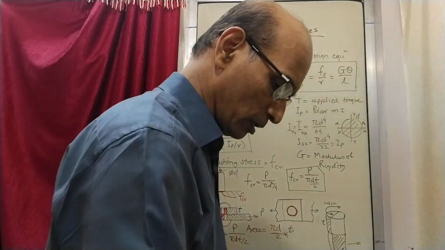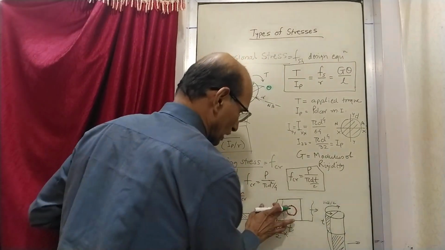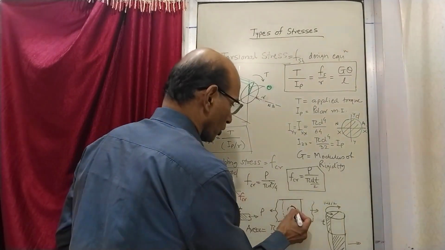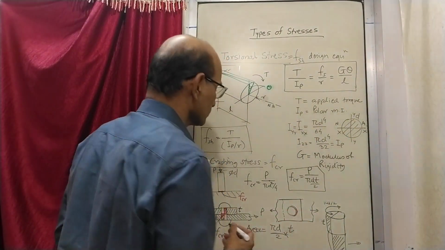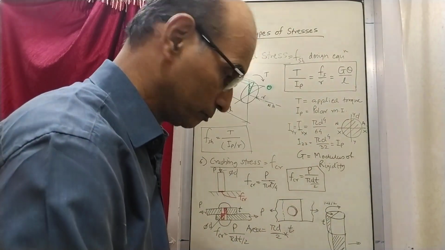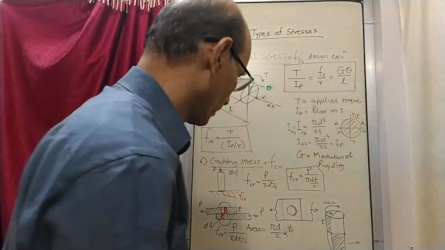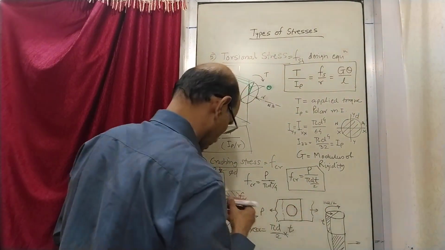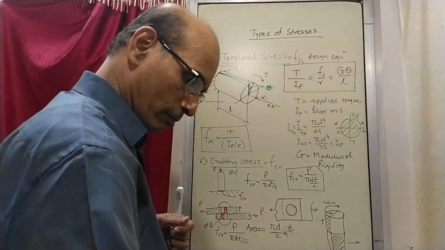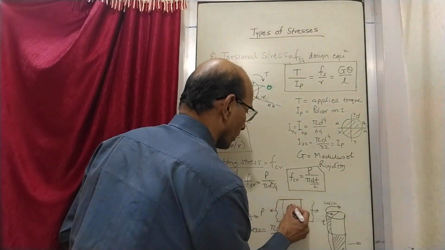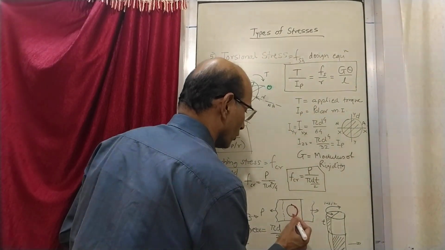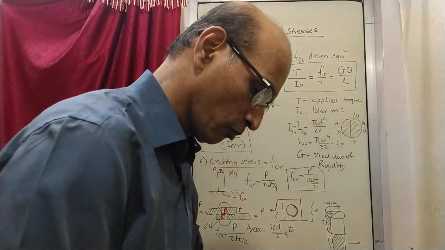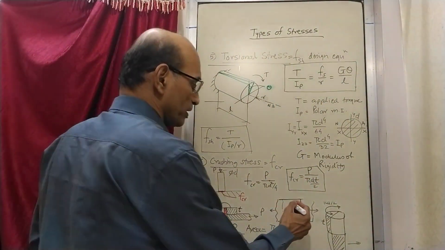If I draw the distribution diagram of this force, I'll show only one side. This is the rod, and we are talking about only this side of the surface, only half. The distribution of force, although we call it P, is not constant here.